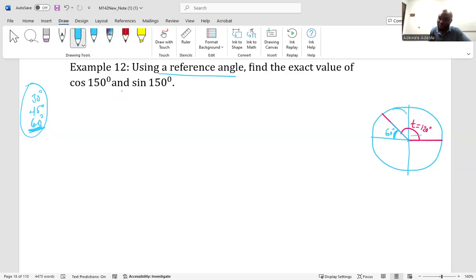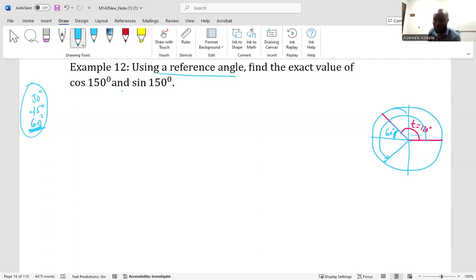Suppose our angle is in the third quadrant. Let's say the angle is like this, up to this point.